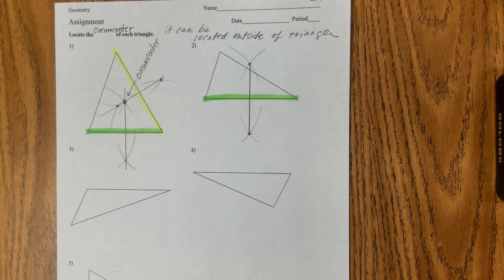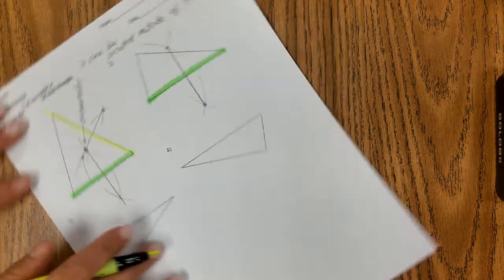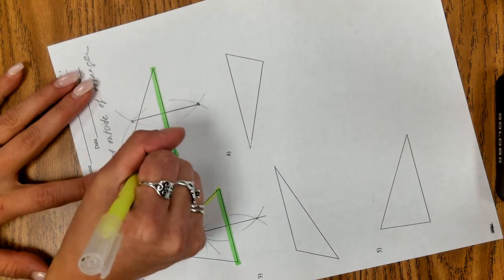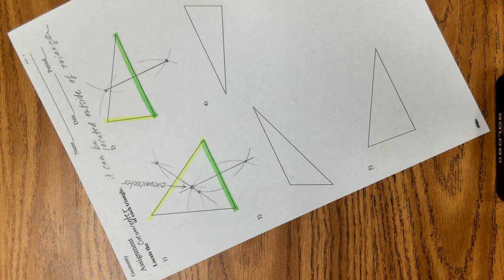Okay, so now you need to select another line in your triangle, another leg. So I'm going to do the smaller one on the side.